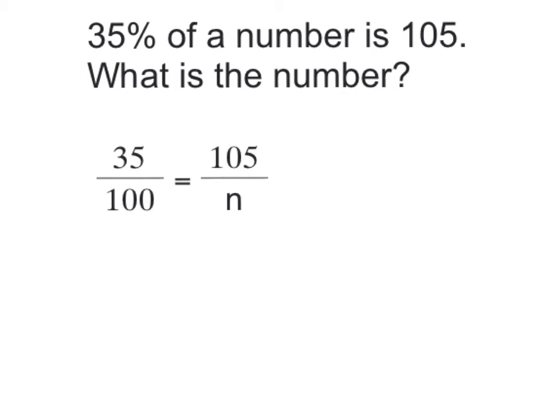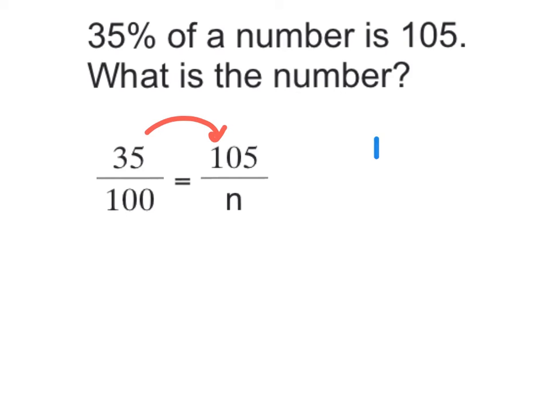In this question, I'm trying to figure out 35% of a number is 105. So 35% and 105 go in the same spot in our proportion, and we're trying to figure out the total number. It may not be as easy to see right away what we have to multiply 35 by to get 105.